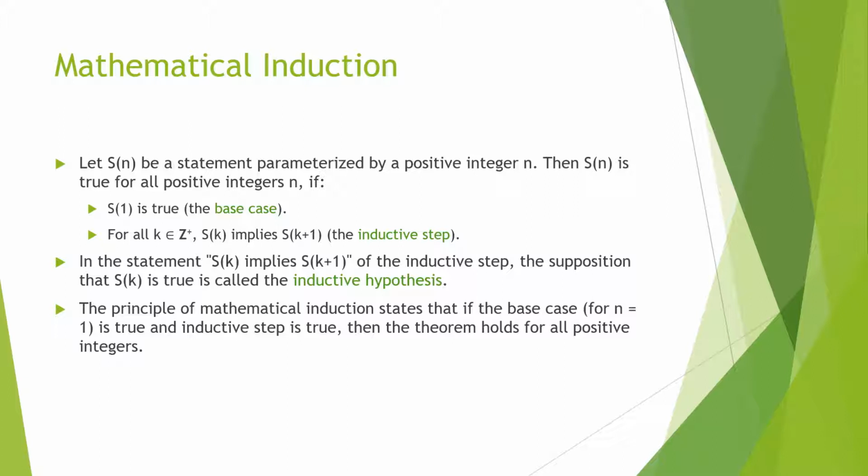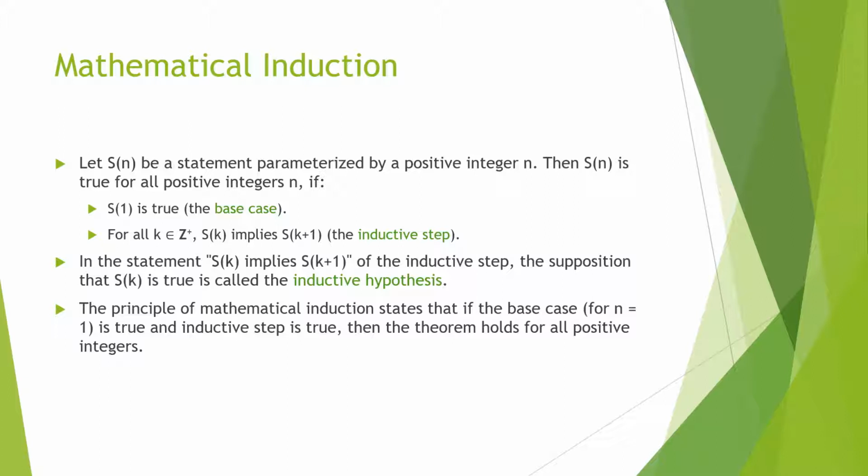So in the inductive step, we need to show an implication, S(k) implies S(k+1). S(k), which is the hypothesis of this implication, is called the inductive hypothesis. Now, it is important to know that the principle of mathematical induction states that if the base case, when n is equal to 1 or the minimum value of the domain, is true and the inductive step is also true, then the theorem holds for all positive integers.